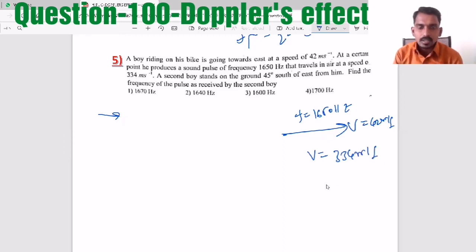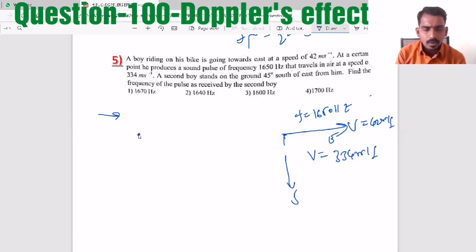A second boy stands on the ground 45 degrees south of east. Downward is south, and this is east. Find the frequency of the pulse as received by the second boy.